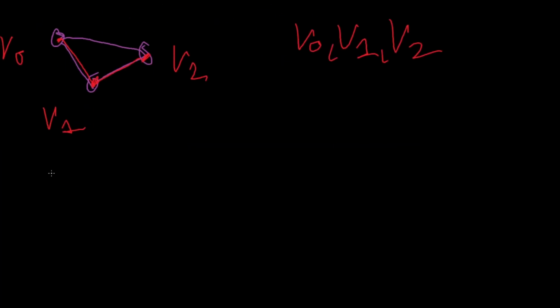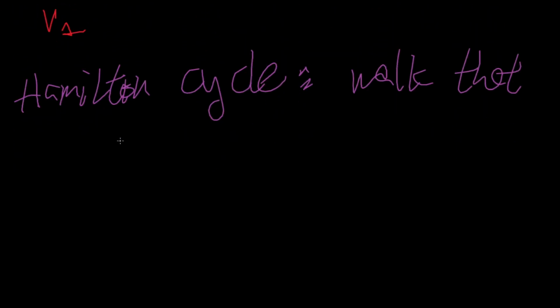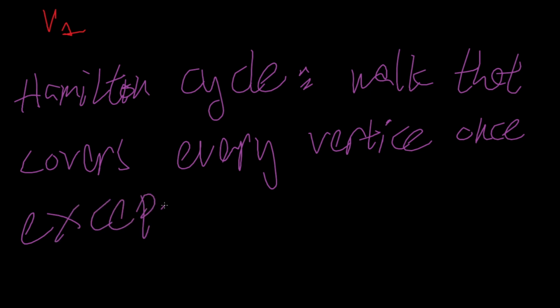And a Hamilton cycle is a walk that covers every vertex once except the starting point, which is supposed to be equivalent to the endpoint.